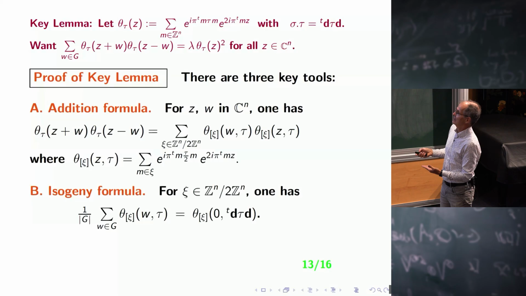The isogeny formula tells you that if I'm averaging this theta function over this group of torsion points, I get another theta function, but computed at a slightly different tau, which is transpose d tau d. Wow, exactly the one I had. And this is my assumption: transpose d tau d is the image of tau by sigma.